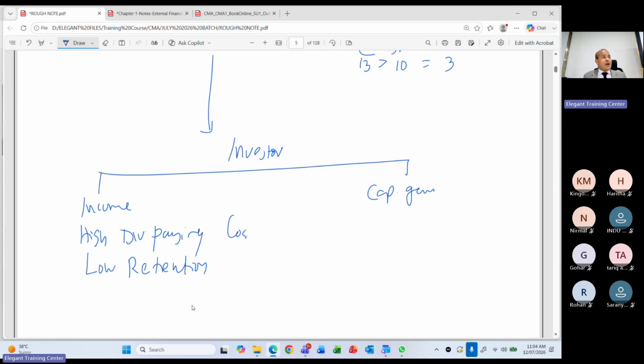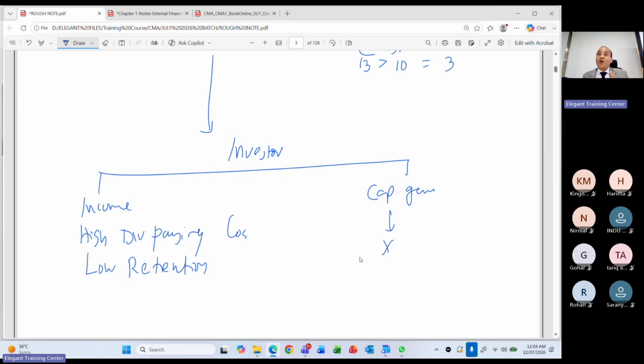If you want good income, good dividend, you should buy companies which pay hefty dividends. The major portion is paid as payout. So if you want higher income, you cannot expect capital gain. Capital gain can come from budding, growing companies.